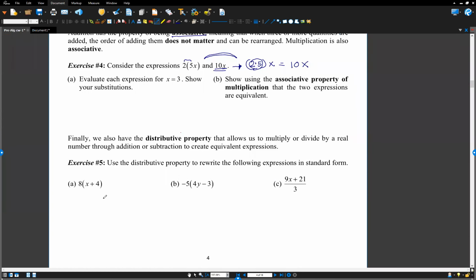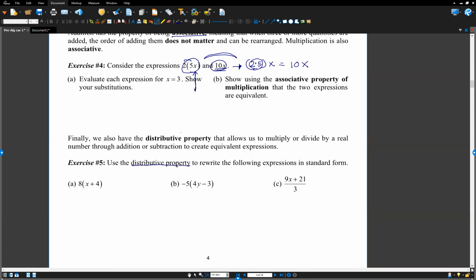Now we're going to have another exercise. We're going to use the distributive property to simplify. Just over here we used the associative property. But in this case, we have addition inside the parentheses, so that's the distributive property.